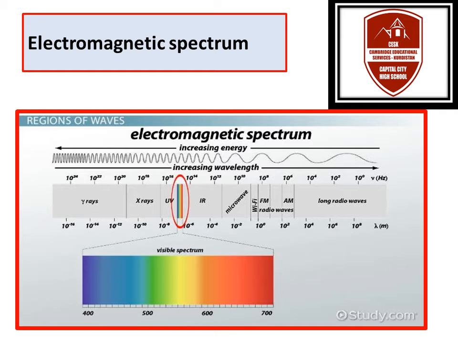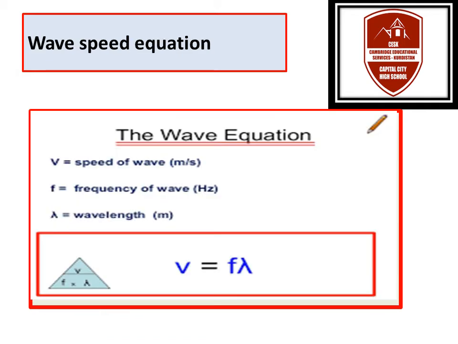Okay, let me go to another slide. In this slide, we will discuss the wave speed equation, which is V equals frequency times lambda. This is a relationship between 3 factors: frequency, lambda, velocity.